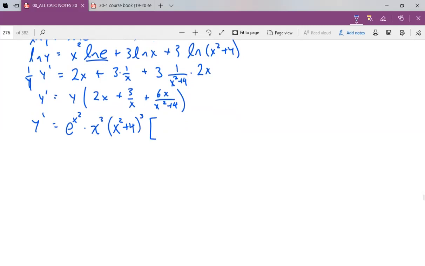And so this ends up being 2x squared plus 4, plus 3 times x squared plus 4, plus 6x squared, just using a common denominator of x times x squared plus 4.